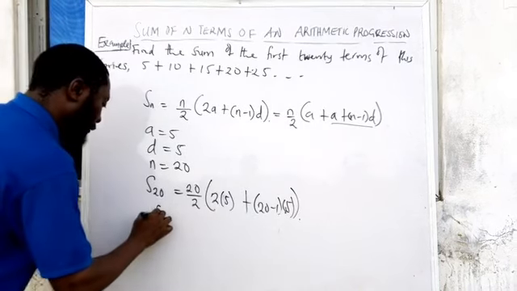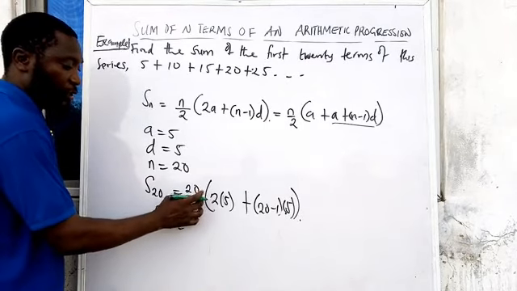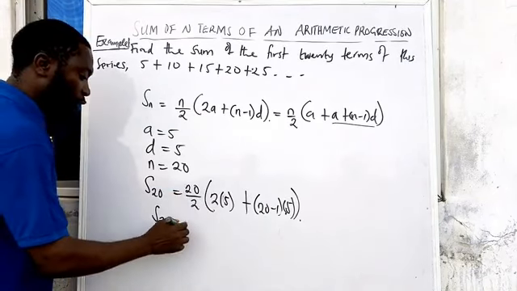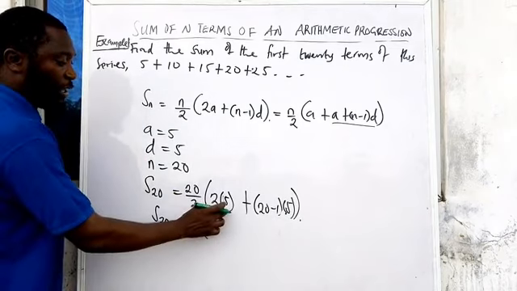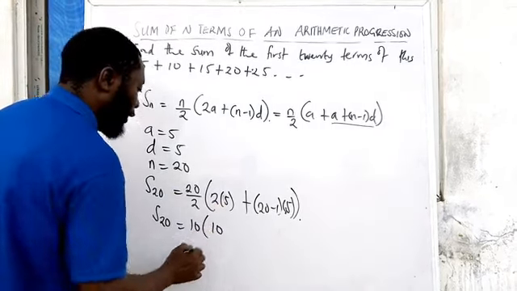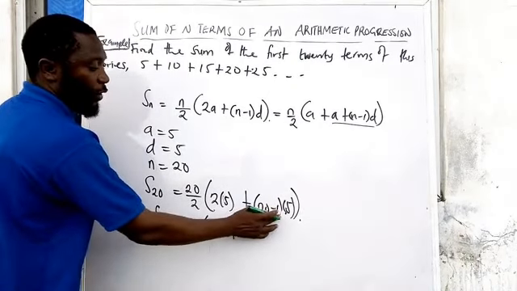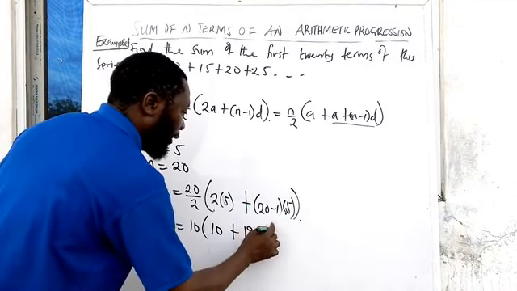So now we have S20 equals, this is division which does not affect what is in the bracket right now. So how many 2 goes in 20? That is 10. Open the bracket now. 2 multiplied by 5, that's also 10. Plus, now 20 minus 1, that is 19. Multiply by 5 here.